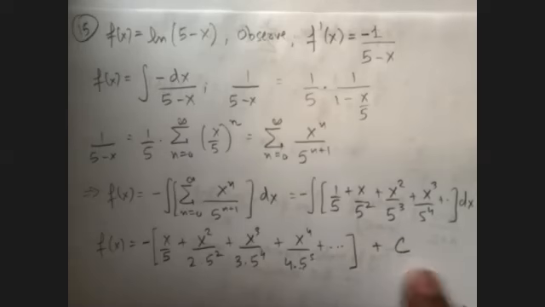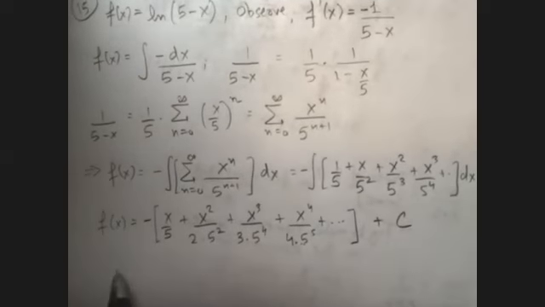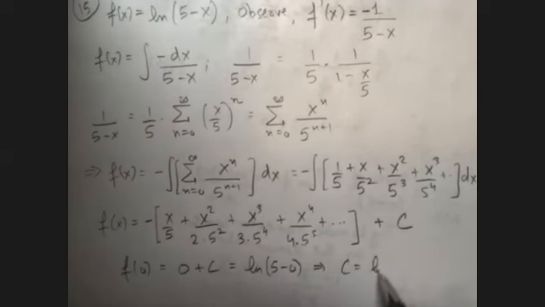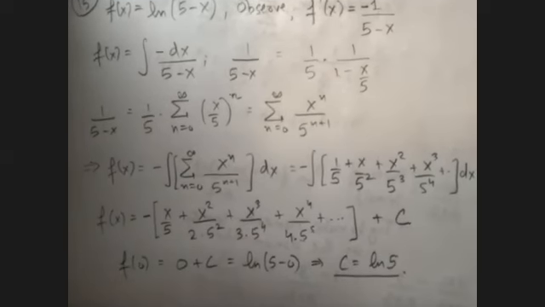Now we can find this constant first. So note that f of 0 is 0 plus c, which is ln of 5 minus 0. This means c is ln of 5. So in order to determine the constant c, just substitute x as 0. Then all this goes away and we're left with c. And substitute x as 0 in the given function: ln of 5.